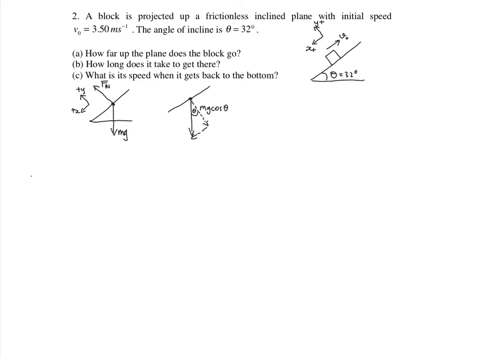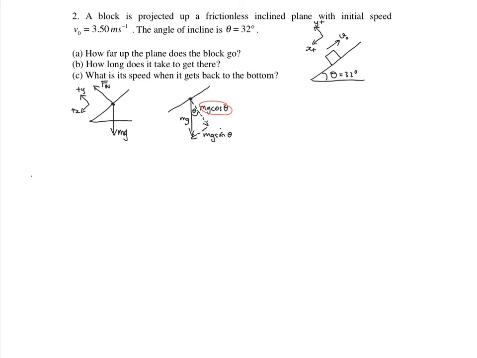That's the one we're interested in, the component of mg acting downwards along the slope. The perpendicular component doesn't do anything to the motion. There's no component of gravity there that acts on this object at all, apart from stopping it from jumping off the plane. So the one we're really interested in is this one here, mg sine theta.